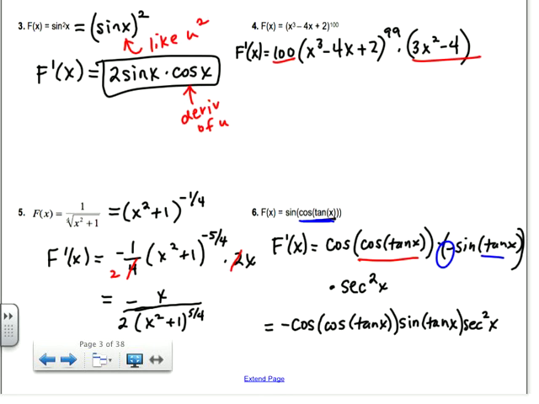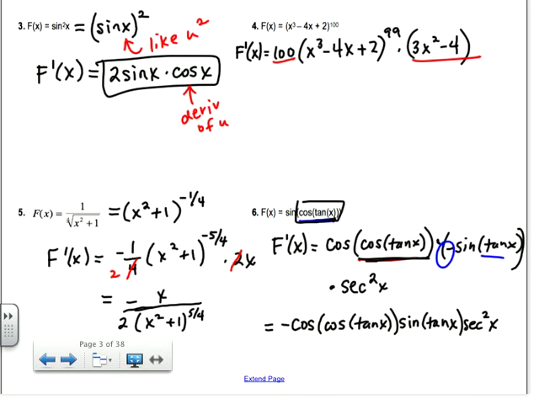Okay, so let's go back through it. So think about your inside part. If I just had sine of something, you could take the derivative. It would just be cosine of something, right? So if I had sine of u, the derivative would be cosine of u. But we have sine of a big thing. So it's going to be cosine of that big thing times the derivative of the big thing in the middle.